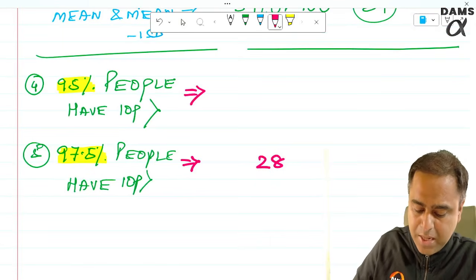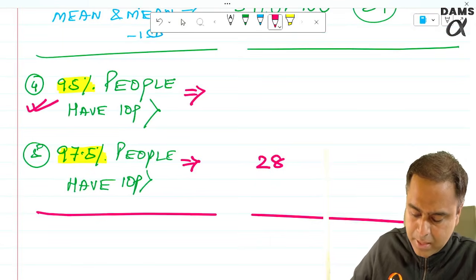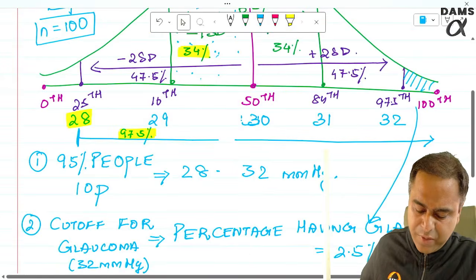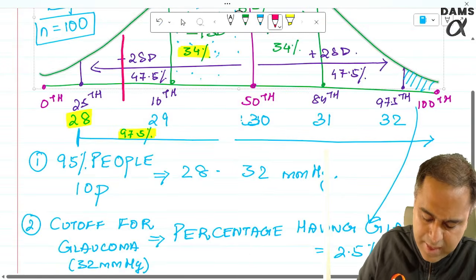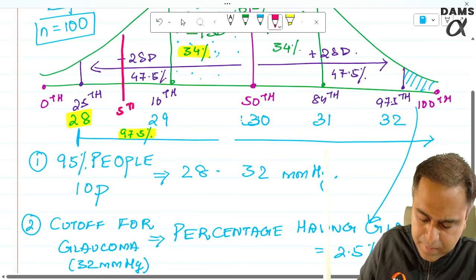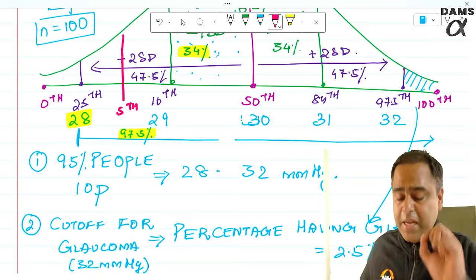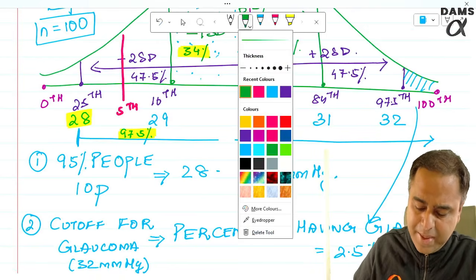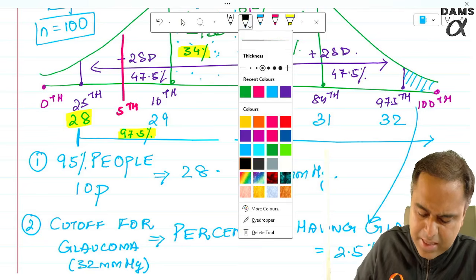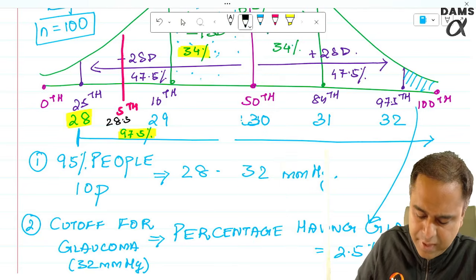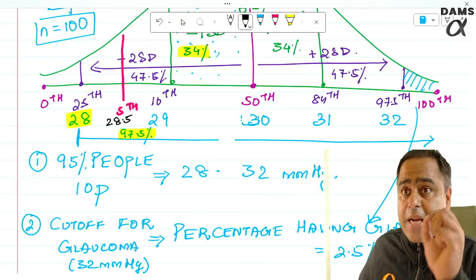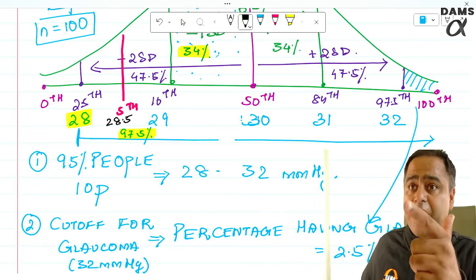Now guys, if you look over here, this value will be the fifth. So suppose any value is marked, for example, I am saying that they said this is 28.5. So they're saying 95% of people above.